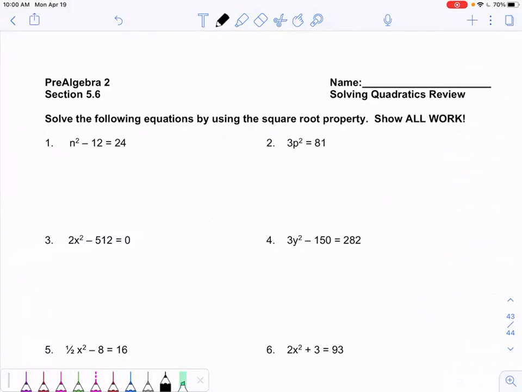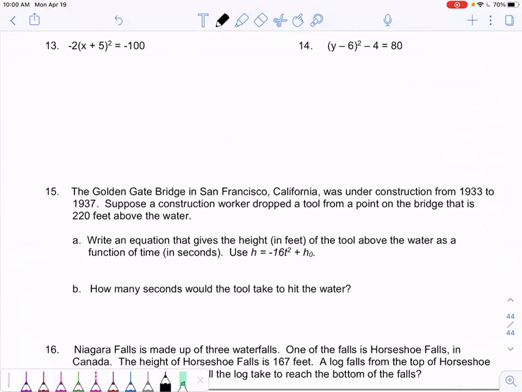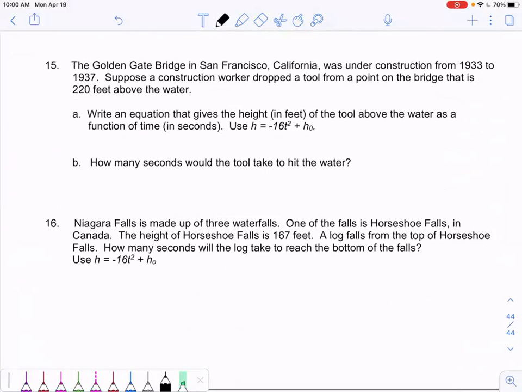Okay, so if we look, we are going to scroll all the way down to numbers 15 and 16. And these are both very identical to the one that Miss Kane did with me. Number 15 says the Golden Gate Bridge in San Francisco, California, just a little bit away from Alcatraz, was under construction from 1933 to 1937.